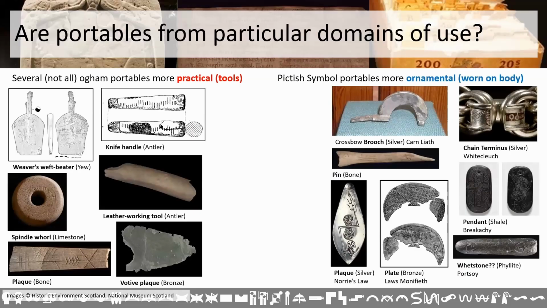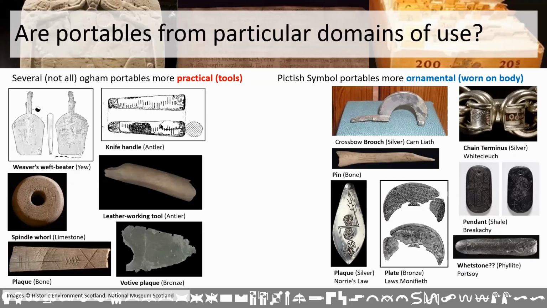So the Pictish symbol portables tend to be a bit more ornamental, and several of them have overt associations with the body. So we've got a crossbow brooch made of silver there that's inscribed with a Pictish symbol. These beautiful silver chain termini that have Pictish symbols inscribed.